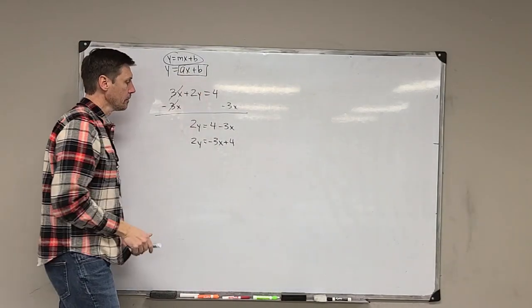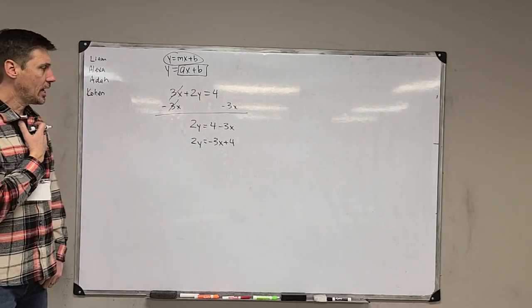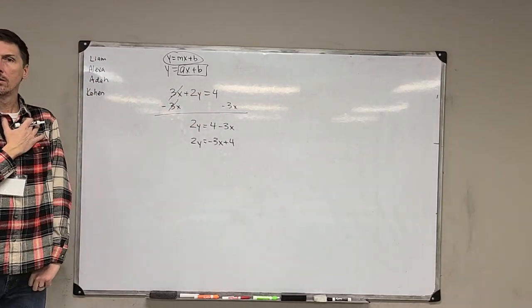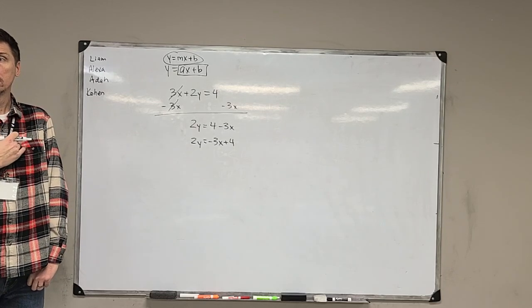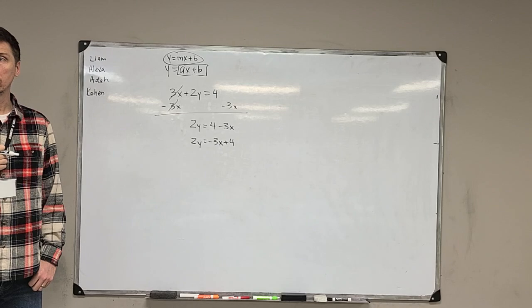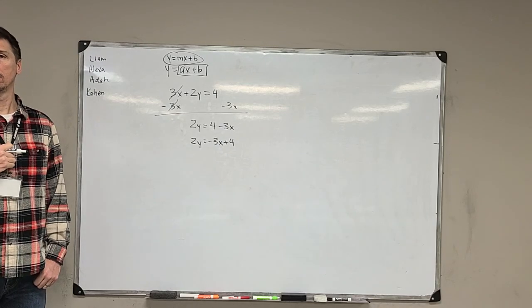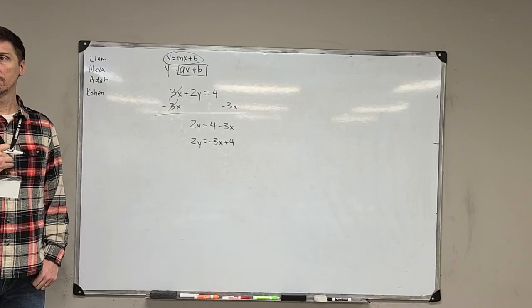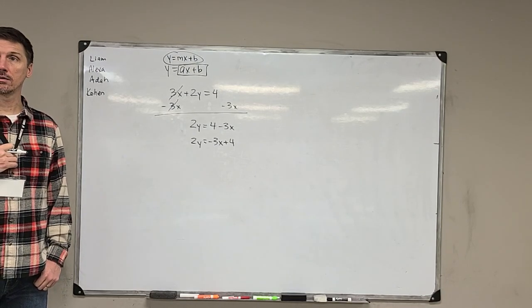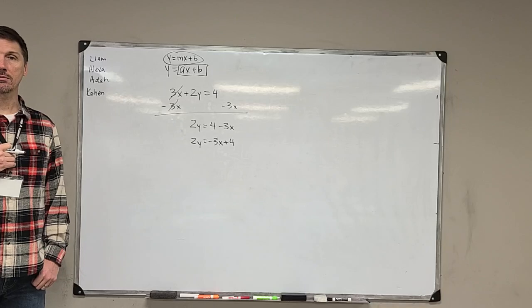It looks like this. What's the last thing that I have to do to solve for y? What's the problem? Why is y not by itself? Because of 2. So what do I do to get rid of that 2? Move it to the other side. How do I move it to the other side? Add, subtract, multiply, divide? Subtract.